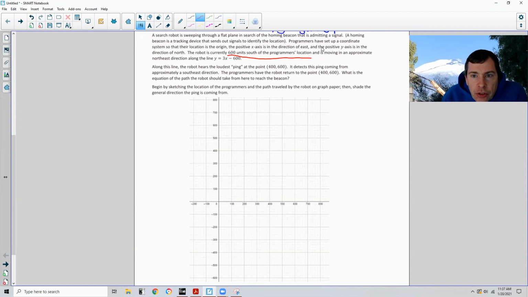Let me make sure. Yes, the programmers have set up the coordinate system so that their location is the origin. So the programmer is here at (0, 0). The robot is currently 600 units south of the programmer, so that's a y-intercept of -600. That's right there. So that's where the robot currently is.